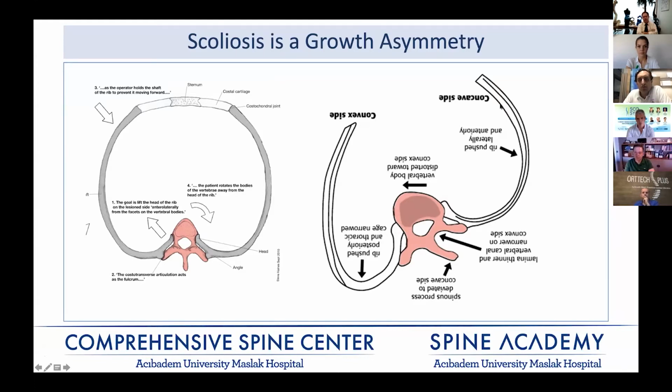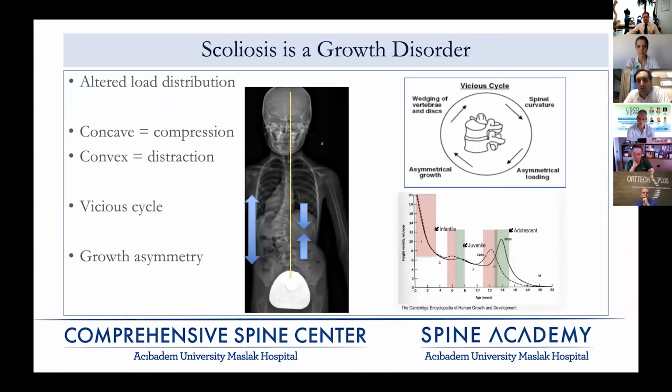This is also true for the ribs and other adjacent bones. So the way we grow changes on the right and left-hand side, and in the anterior and posterior side of the vertebral body. So we get a triplanar growth asymmetry that changes the anatomy of the spine.